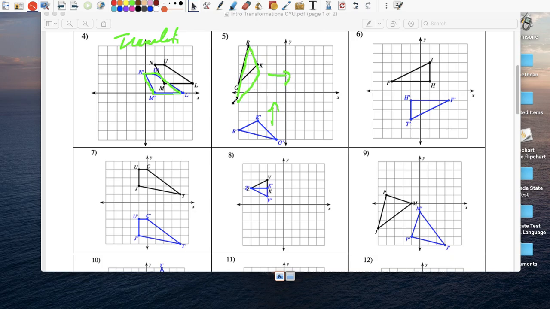It's a rotation. I don't know why I can't rotate it here.